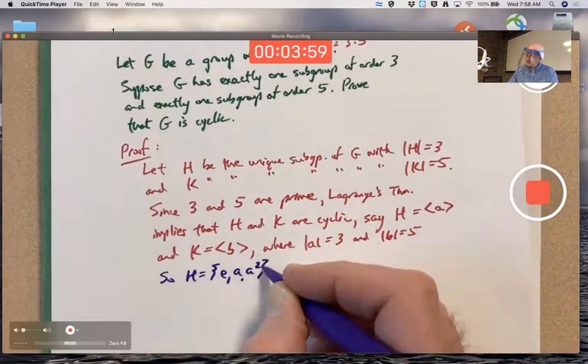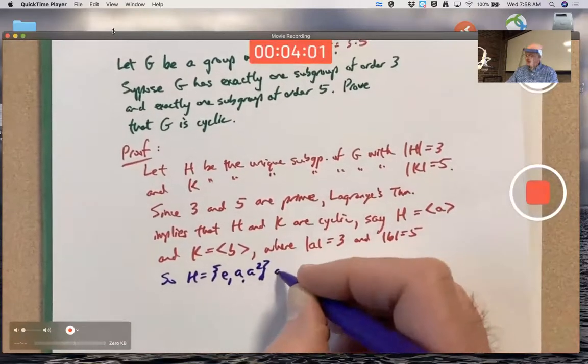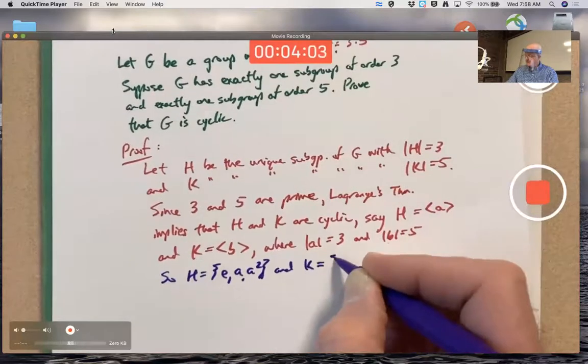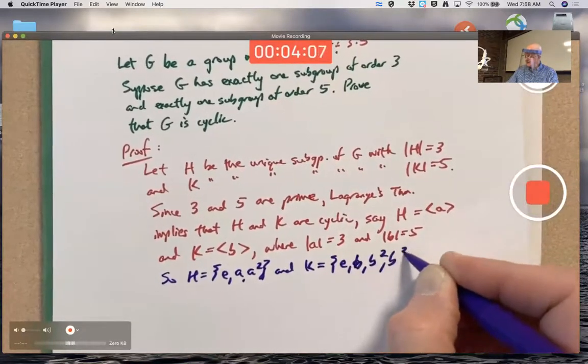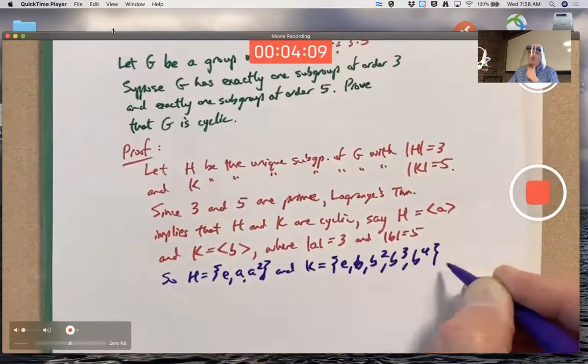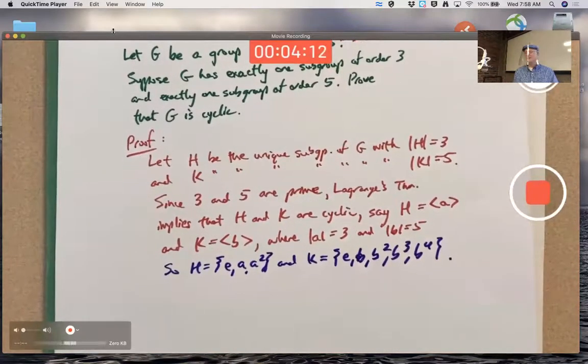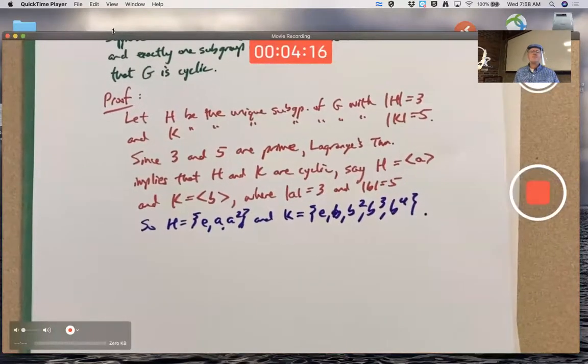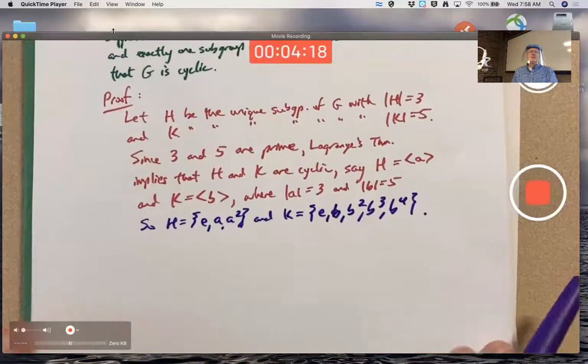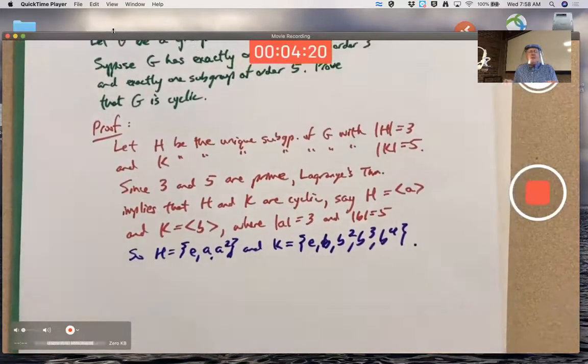H is order 3, so that would be the end of H. And K equals {E, B, B squared, B cubed, B to the 4th}. It's probably not necessary to do that, but it might make it feel more concrete for you. And these are, again, the unique subgroups of orders 3 and 5.